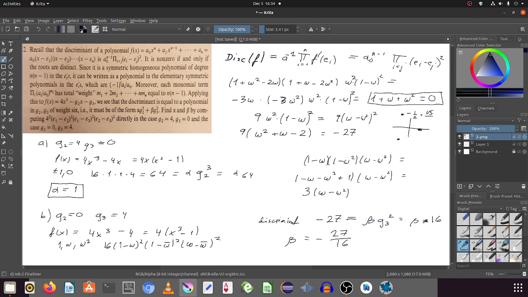Actually, it turned out that I forgot 16 here. So the 16 here should be multiplied all the way through. So it should be times 16. So we just end up with minus 27.